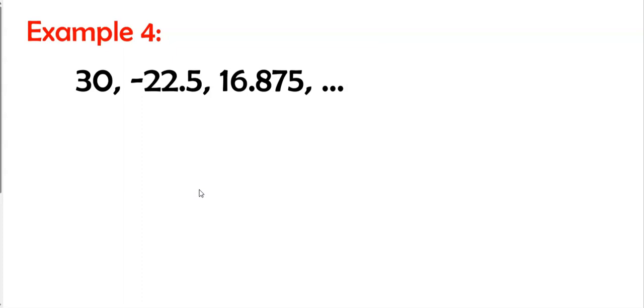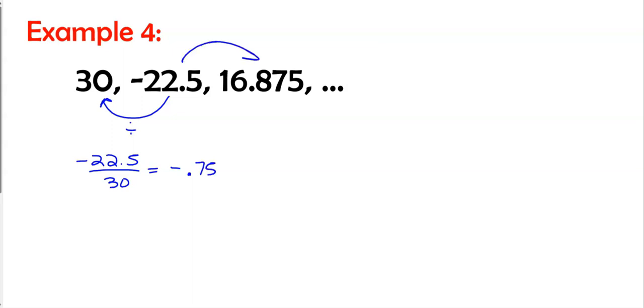So I think what's happening here is maybe we're multiplying by, I think it ends up being 3/4. If you can't quite see that, my suggestion there is just to divide backwards. So if you did negative 22.5 divided by 30, that's going to give you negative 3/4 or negative 0.75. Okay, and you can try it here and it does work.